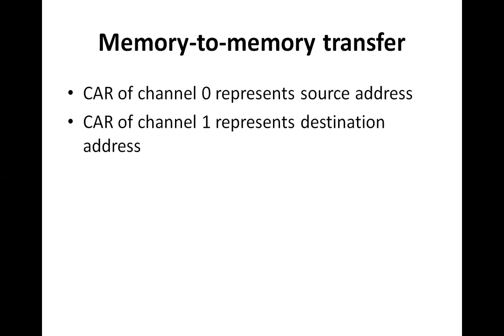The destination address and the count will also be incremented or decremented depending upon that. And when all the count is finished and all the data has been transferred, the terminal count is generated, which causes the end of the process, activates the end of process line, and then terminates the services.